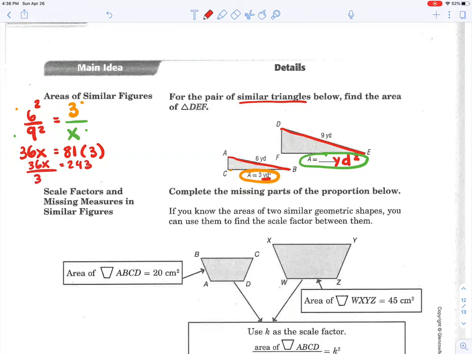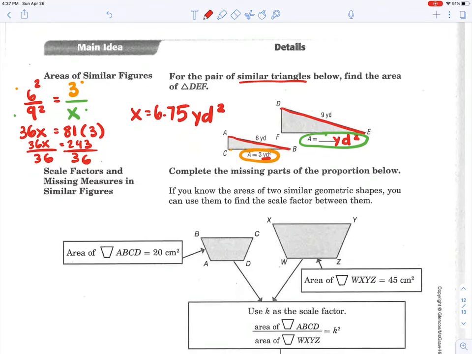And now I'll divide both sides by 36 to find the x, or my area, to be 6.75 yards squared. So the area is going to be proportional just like my corresponding sides, but we have to make sure we do the same thing. Well, if my units are squared here, then I need to make sure that I square my corresponding sides.